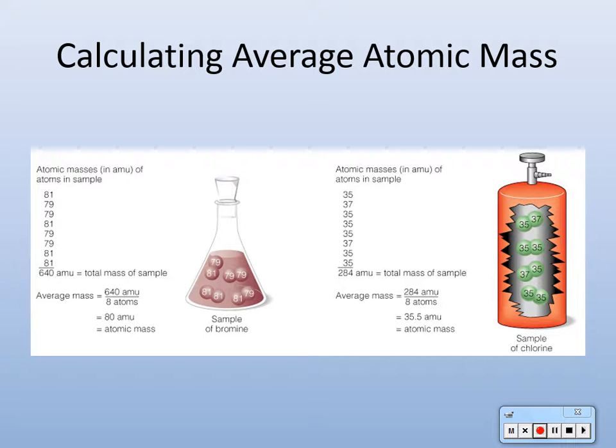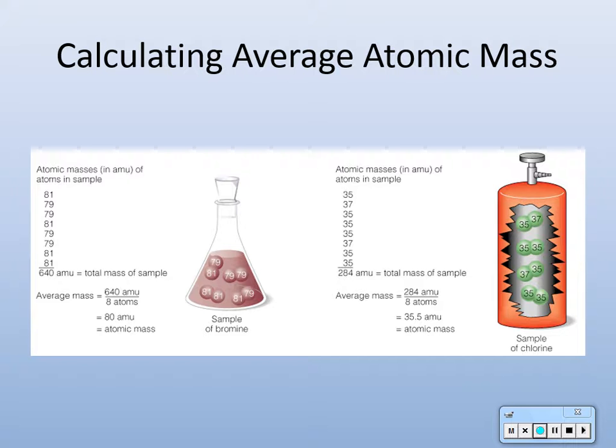If we add up all 8 of them, we get a total of 284. We divide by the 8 atoms, and our average is only 35.5. That's how we get these decimal values on the periodic table, because one isotope shows up more often than the others, and that's how we get these weird decimals.